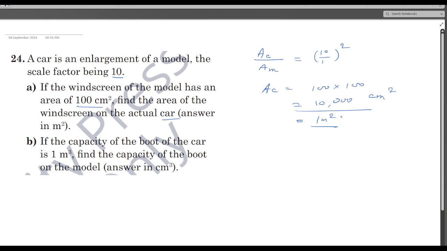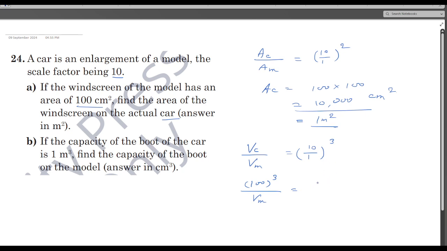If the capacity of the boot of a car is 1 meter cube, find the capacity of the boot of the model. Now here, the ratio of volume of car divided by volume of model will be in the ratio of 10 divided by 1 the whole cube. Now this volume of car is given 1 meter cube. 1 meter cube means 100 centimeter the whole cube, divided by volume of model, we don't know.